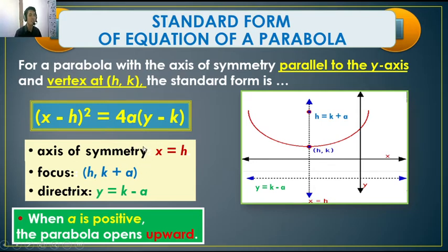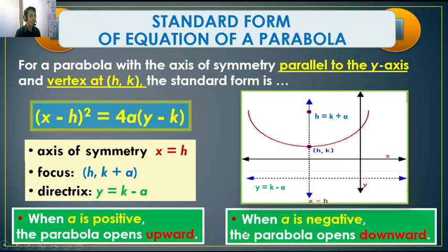So we can determine the orientation of the parabola when we graph it, whether it opens upward, downward, or even sideways. It depends on the sign of a. If a is positive, the parabola opens upward. Okay? And when a is negative, the parabola opens downward.